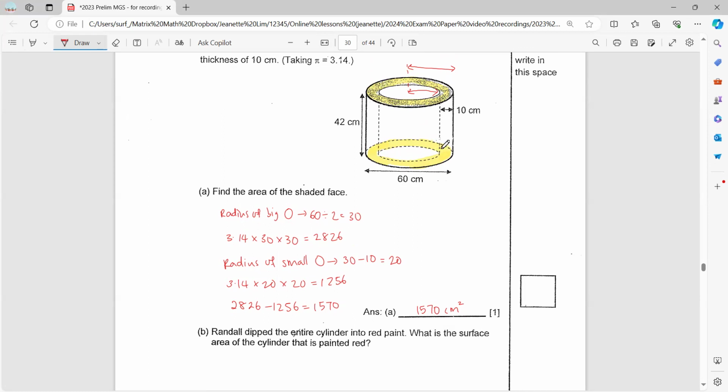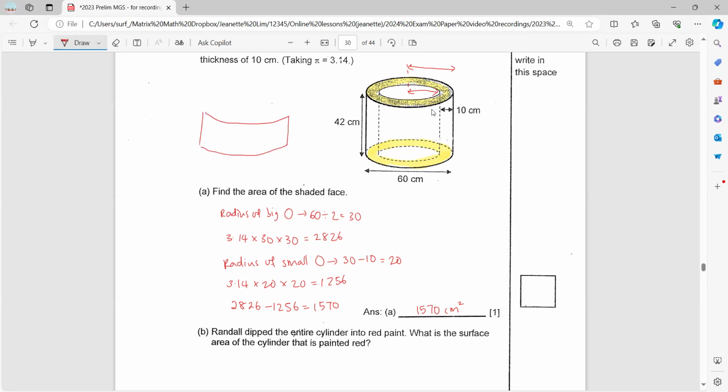this curved portion is going to form a rectangle. So the breadth is this height here. The breadth is this 42. So basically, if you make a cut here, then you flatten it, you end up with, okay, as you unroll, it will look like that.